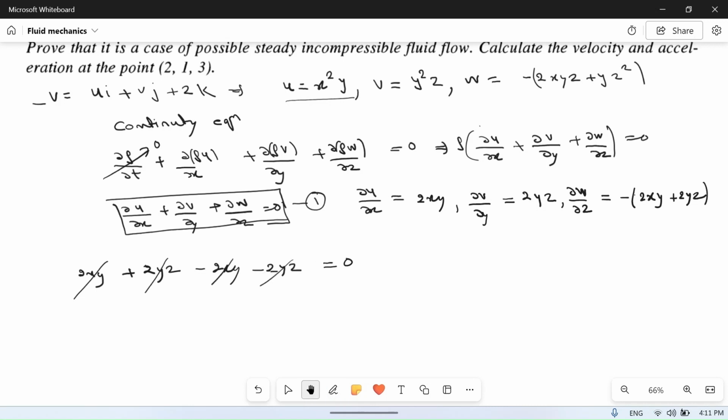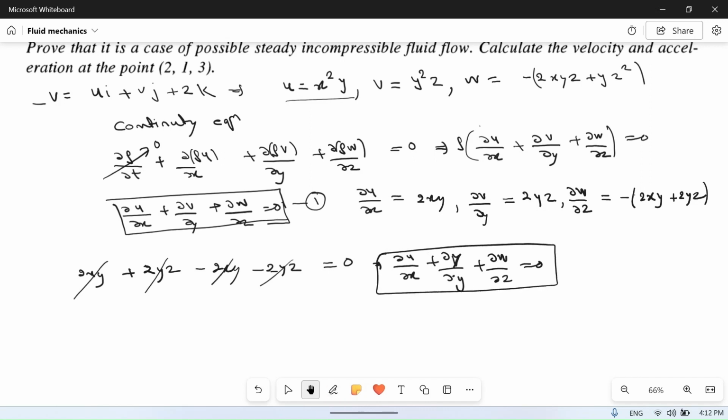Everything is cancelled out. So ∂u/∂x + ∂v/∂y + ∂w/∂z is becoming 0 here. This is satisfying the continuity equation, so it can be a possible fluid flow.